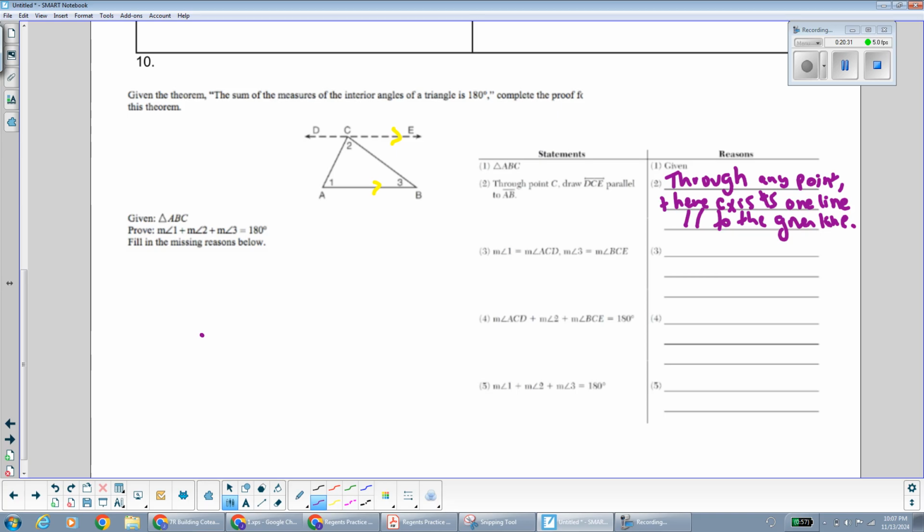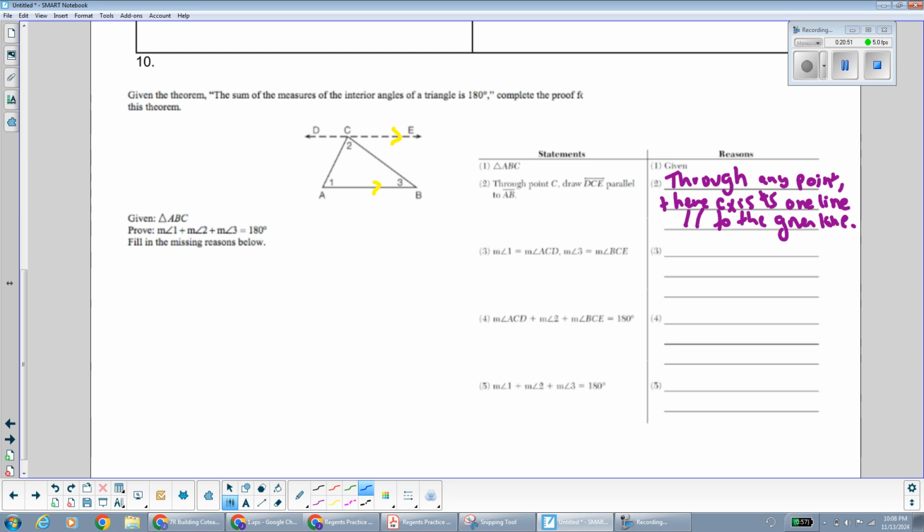And that's the parallel postulate, right? If I gave you this line and this point, and I said, draw a line parallel to this one passing through this point, there's only one you can draw. And that's what the parallel postulate says. That's what this is, the parallel postulate.